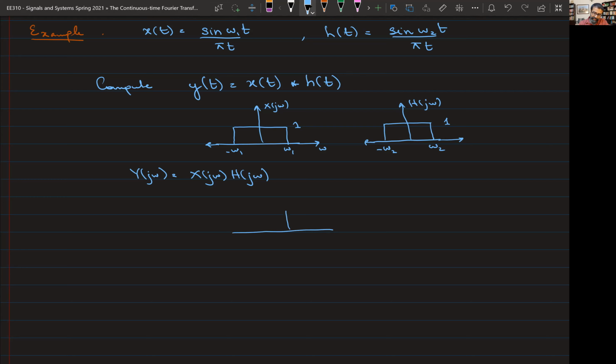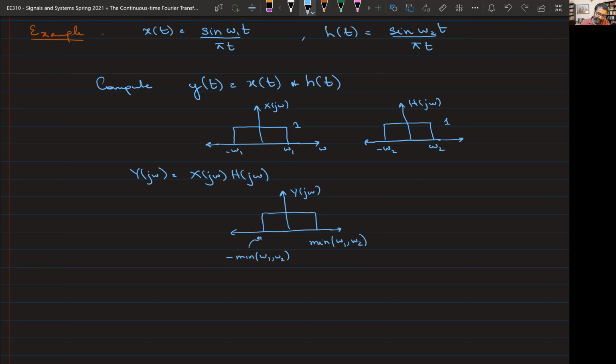But this limit is going to be the minimum value between omega 1 and omega 2, because depending on which one is smaller, that's going to cancel out or block out the other one. Or similarly here, this is going to be minus the minimum of omega 1 and omega 2.